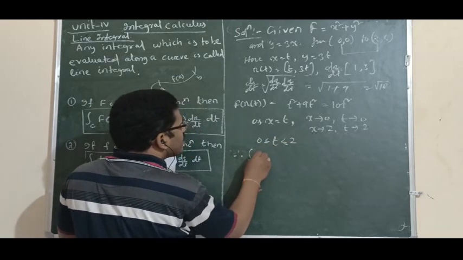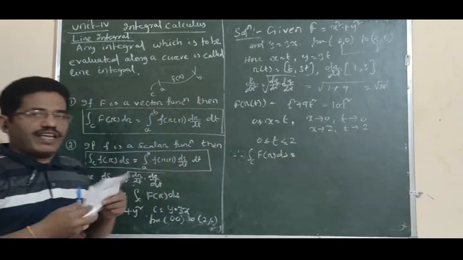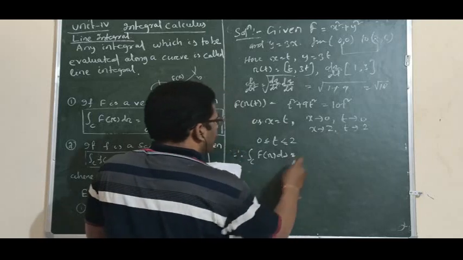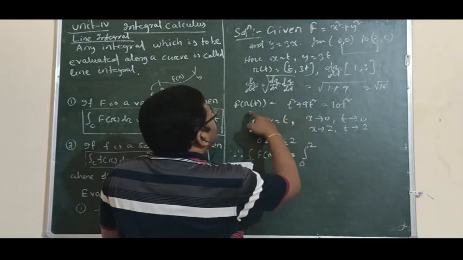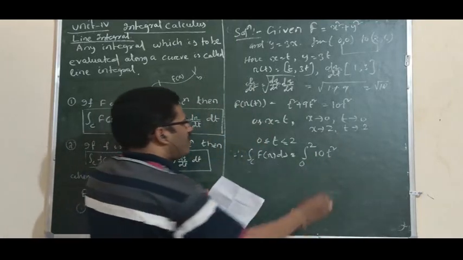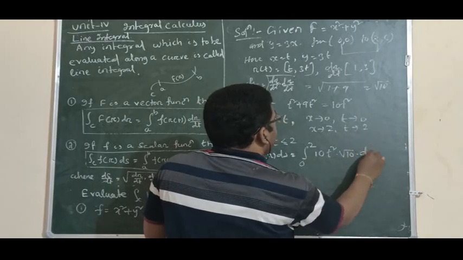Therefore, the integration over c of f of r ds equals the integration from 0 to 2 of f of r of t, which is 10t square, times ds by dt, which is root 10 dt.